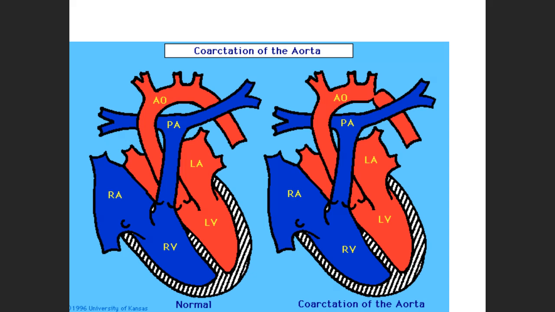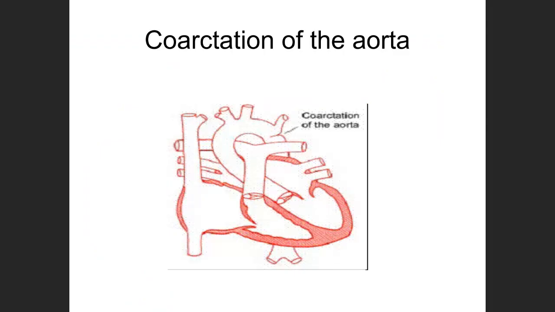This is an illustration on the left of a normal heart and great vessels, and on the right we see coarctation of the aorta occurring just beyond the origin of the left subclavian artery. It tends to occur just opposite where the ductus would come out from the aorta.